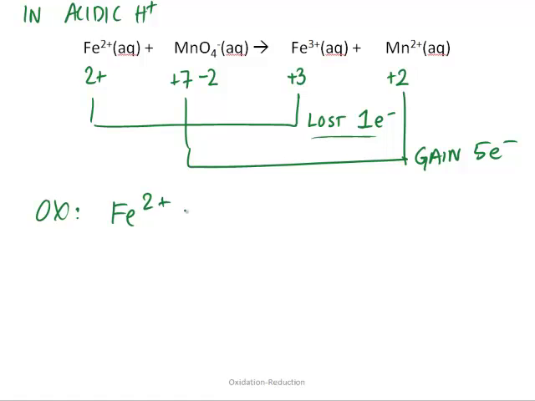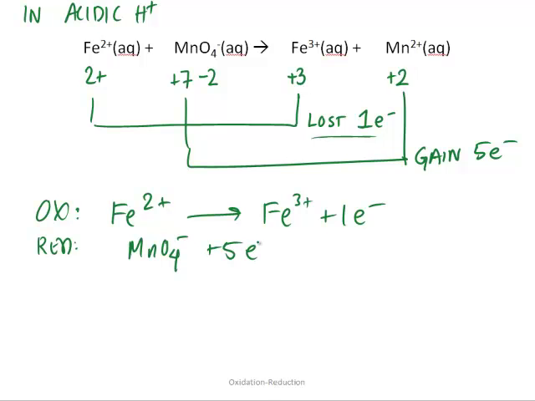So iron 2 plus lost 1 electron to go to iron 3 plus plus 1 electron. Okay, and then our reduction reaction was MnO4 minus plus 5 electrons goes to Mn2 plus.